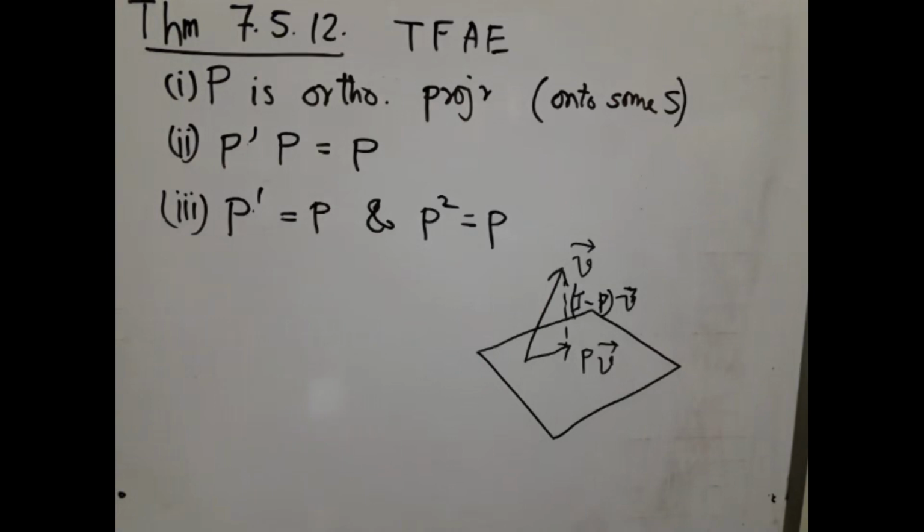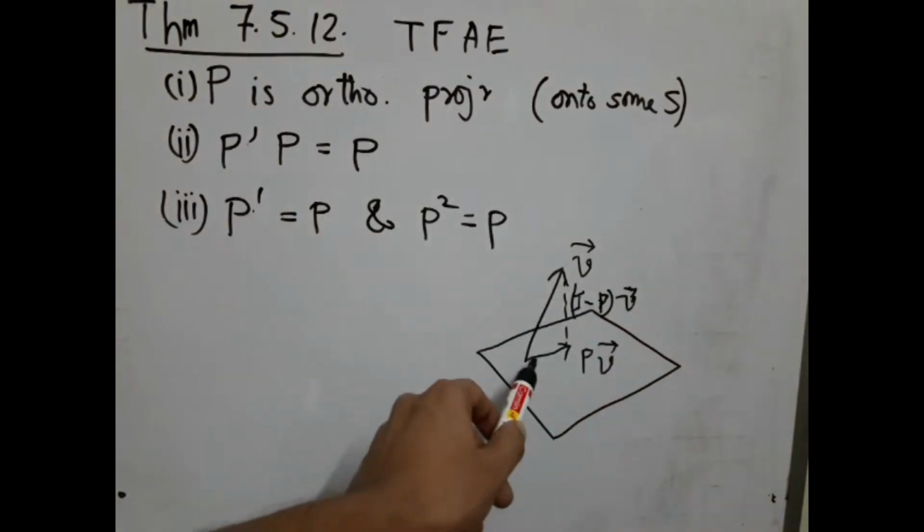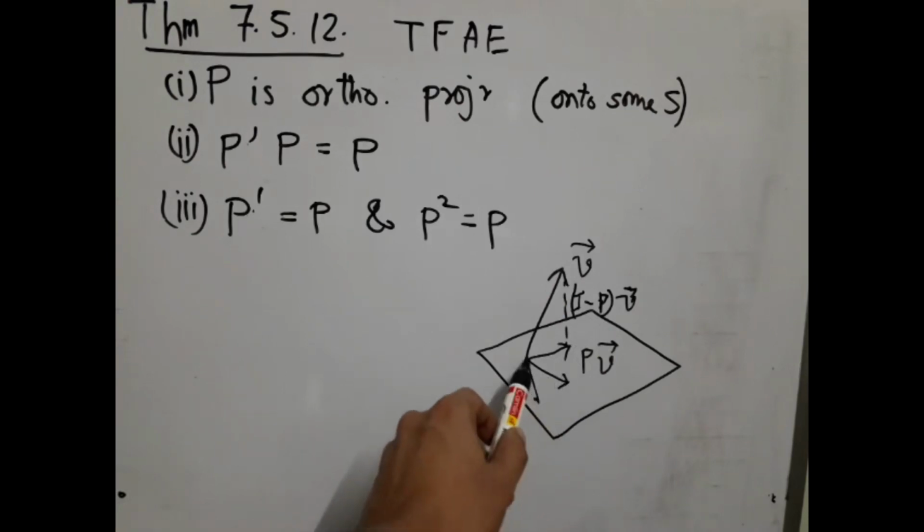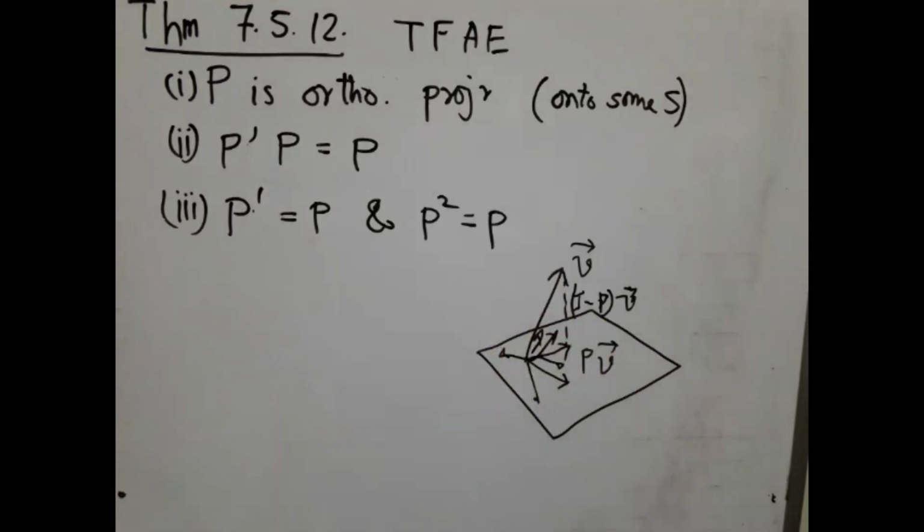And not only that, this (I minus P)V must be orthogonal not just to this vector but to every vector in column space of P, because column space of P is the screen.